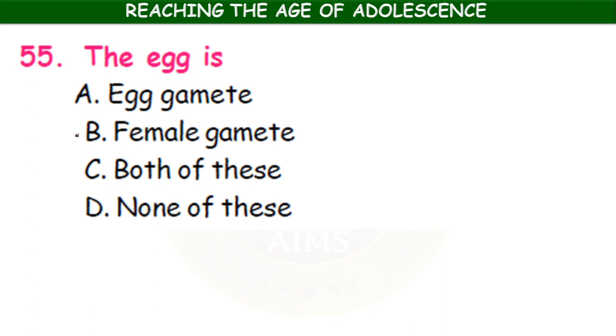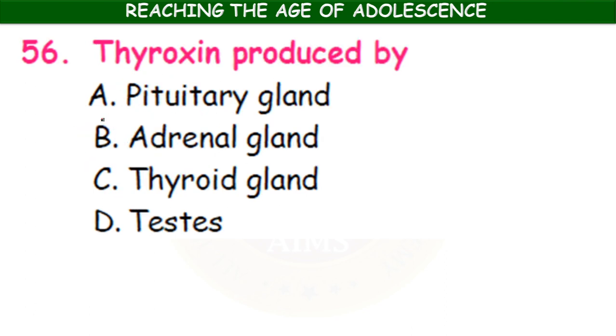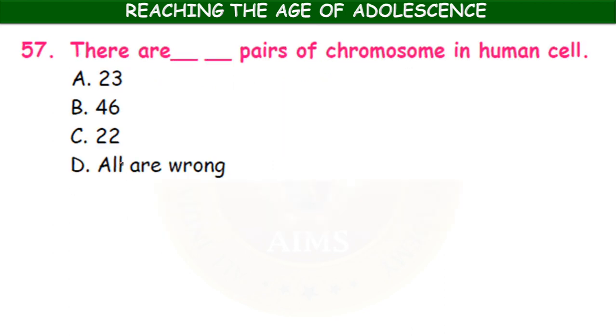Thyroxin is produced by the thyroid gland. There are dash pairs of chromosomes in a human cell: 23, 46, 22. Pairs are asked, so 23 pairs, out of which 22 pairs are autosomes and one pair is the sex chromosomes, X and Y.